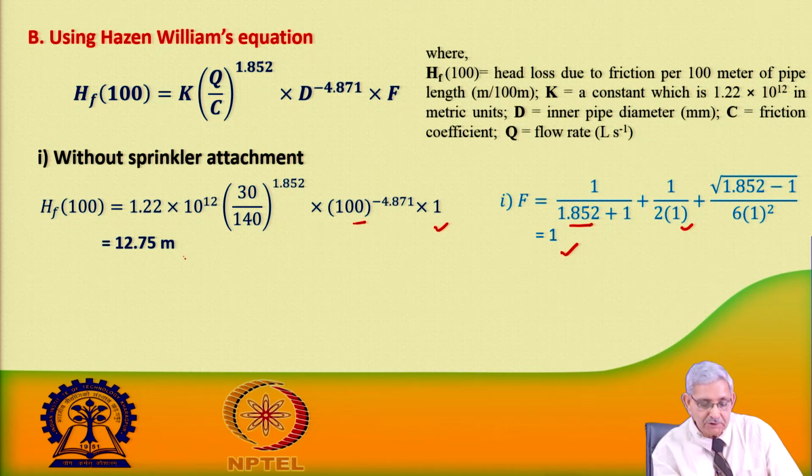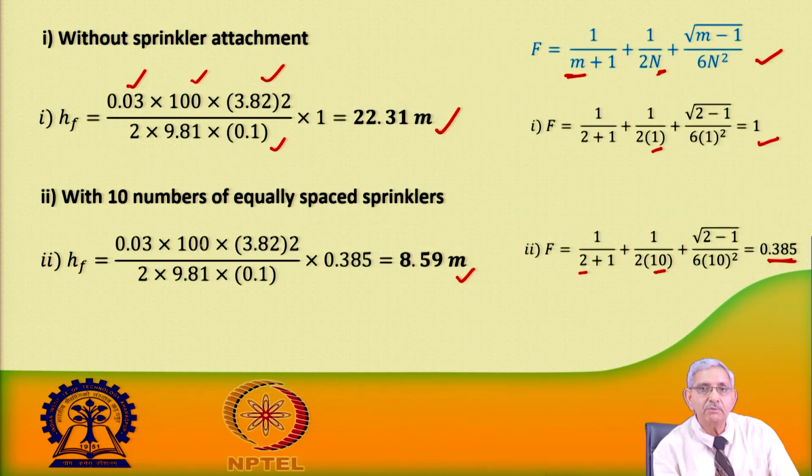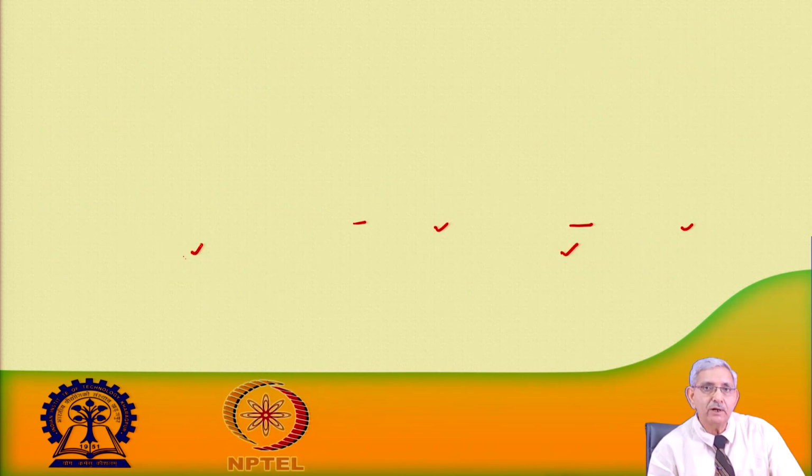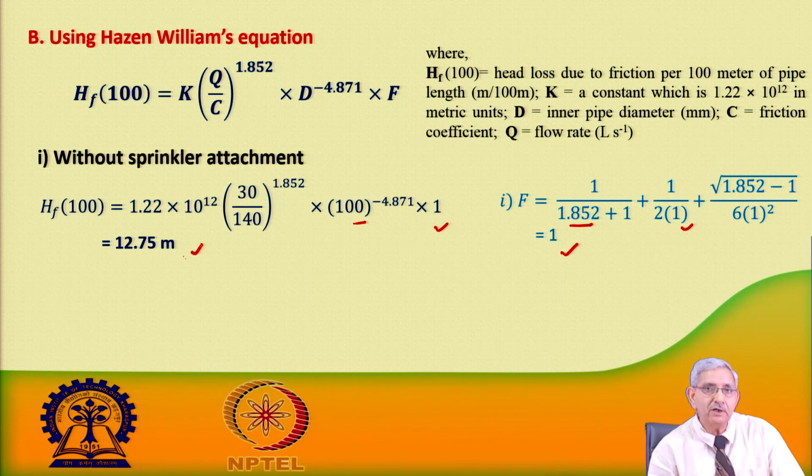So, we get 12.75. If you just compare the value here, in the previous problem for the 100 meter pipeline without sprinklers we got 22.31, and when we are using the Hazen-Williams equation, it is coming 22.75.